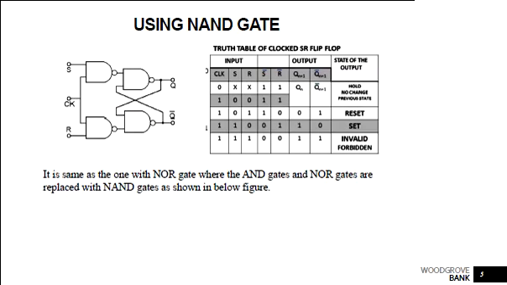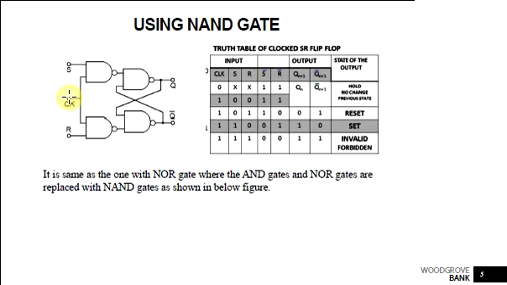This is the corresponding clocked RS flip-flop using NAND gates. In this case, instead of using AND gates and NOR gates, we use all NAND gates. We replace these two AND gates with NAND gates and the two NOR gates with NAND gates, so that again it will be active when the clock pulse is high.